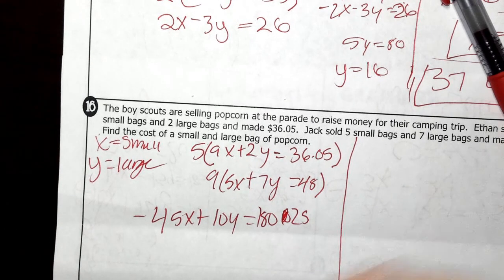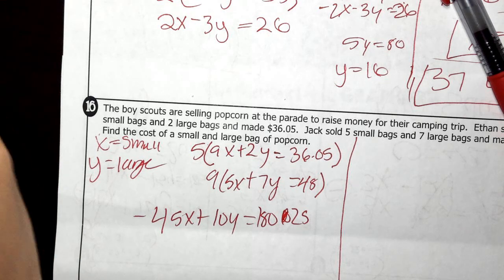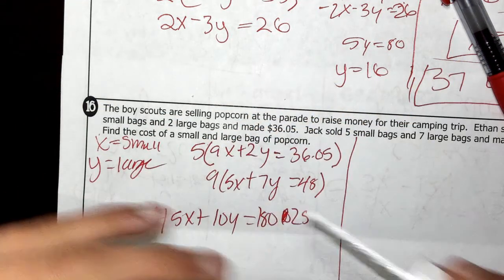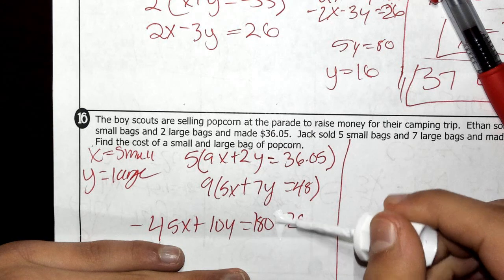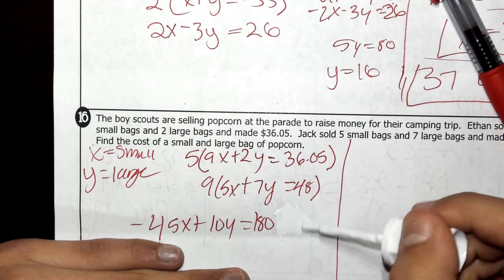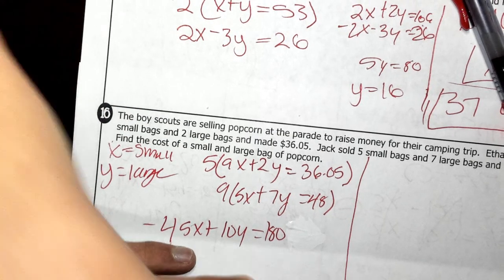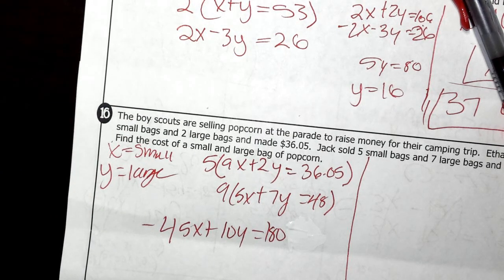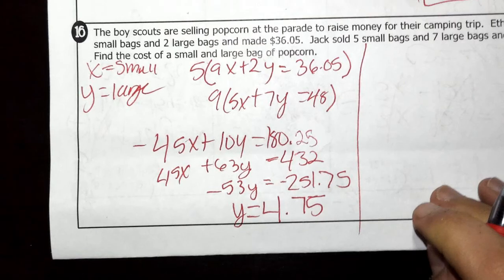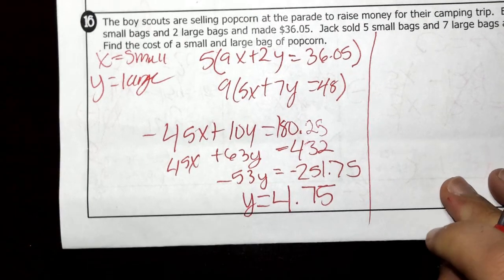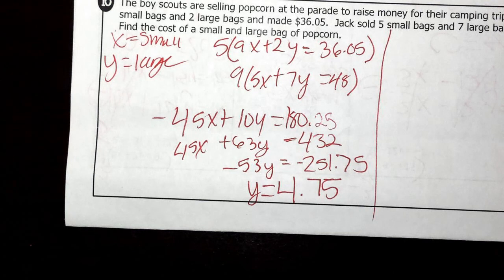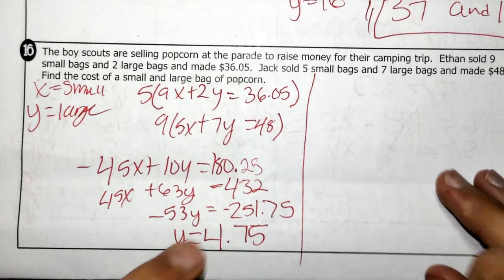Sorry. 0.25. Let me pause here and let me wait for that to dry. Alright, I did some of it for you guys. The next two after this one I'm gonna have you guys do on your own, and then I'll see if you guys can check your answers with mine.